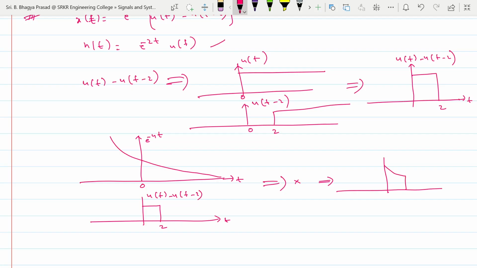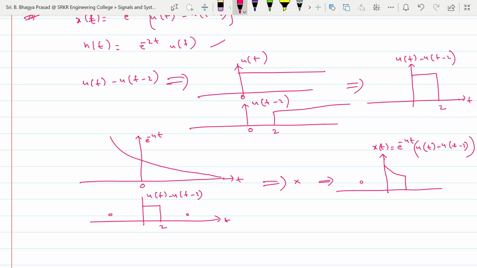Here it is 0, so you will get 0 at this position, and you get the signal in the duration of 0 to 2, that is a pulse multiplied with the exponentially decaying signal e power minus 4t. So finally this is the signal x of t, that is e power minus 4t times u of t minus u of t minus 2.